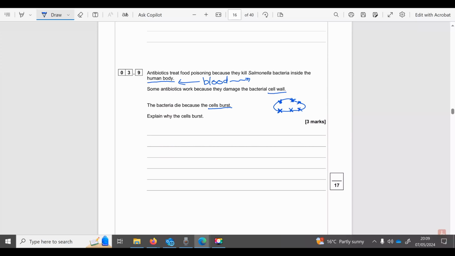It's mostly made up from plasma, which is mostly made up from water. So all around this bacterial cell will be water if it's traveling in the blood. Damage in the cell wall means that there'll be some holes or gaps appearing in the cell wall. So what does that mean is going to happen now? The water is going to enter the bacterial cell. So that should be our first mark now.